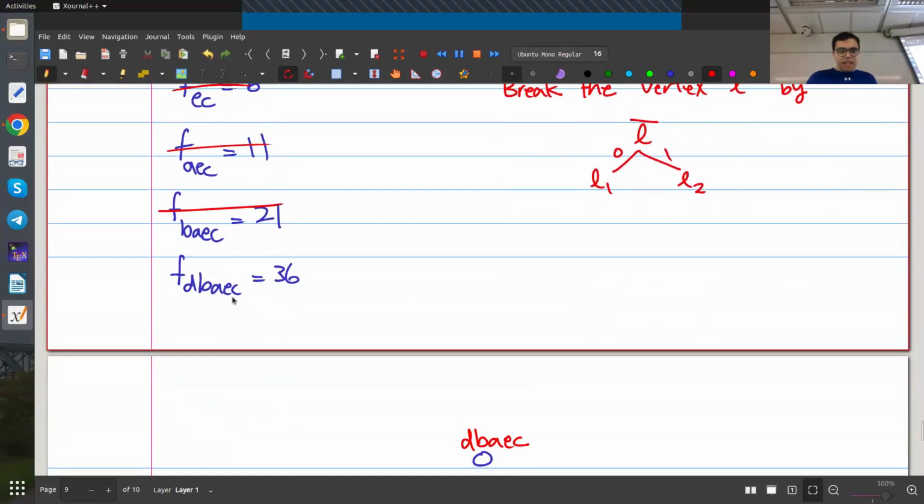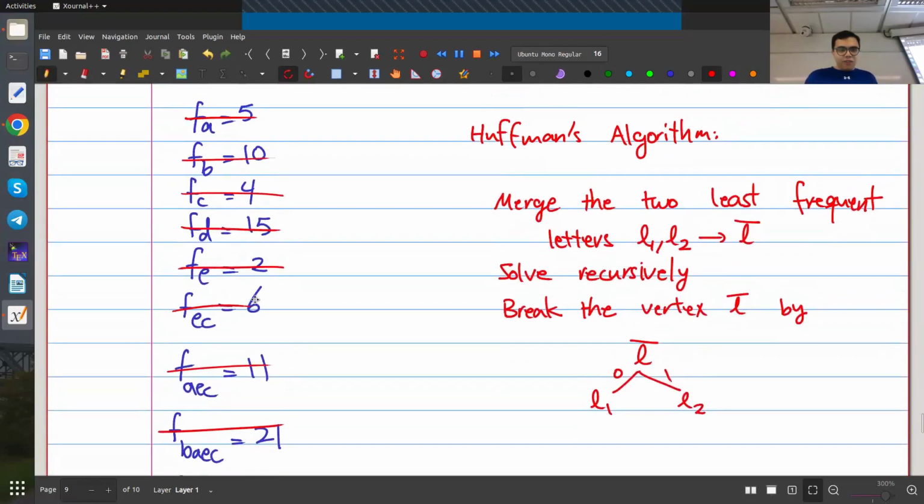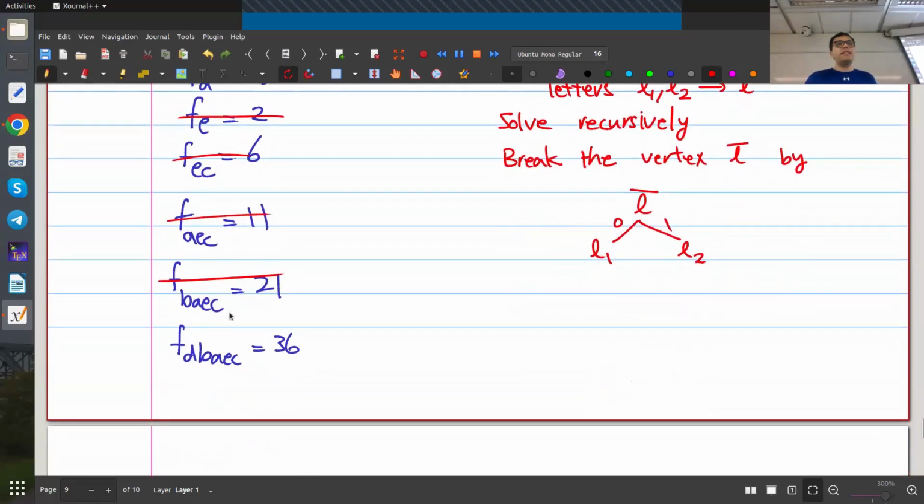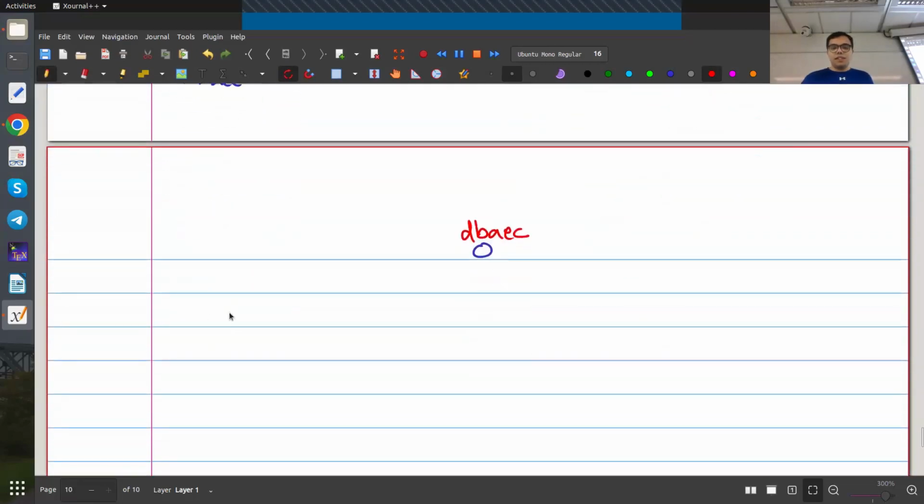So DBAEC, on one side I had D, on the other side I had BAEC, right? So I'm just going to break it down. I'm going to say put D on this side, let's say on the 0 side. It doesn't really matter which side you put it, and put BAEC on this side.